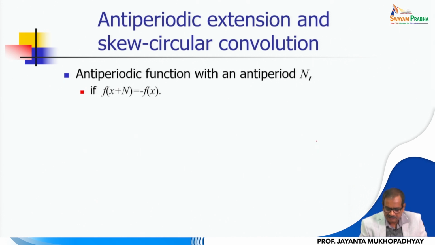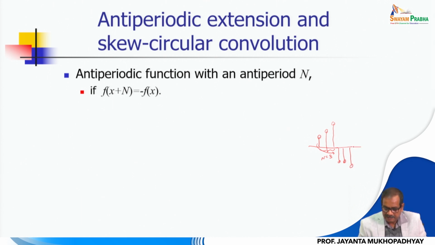If we have a signal, as I have mentioned earlier, with these sequence samples, and say the antiperiodicity n equals 3, then the fourth point would be the negative of the first, so it would be negative of all these samples.